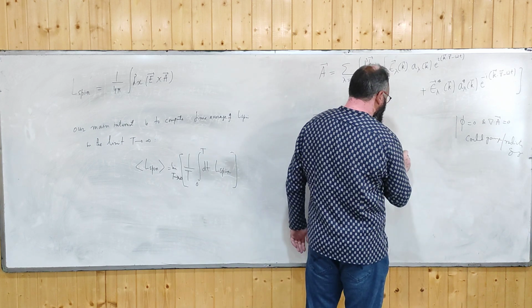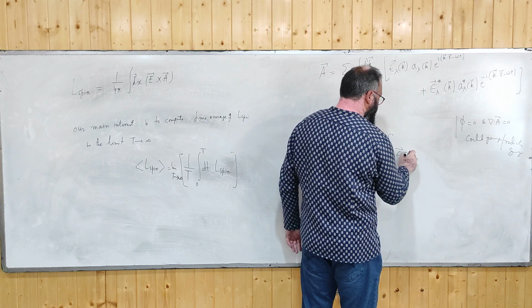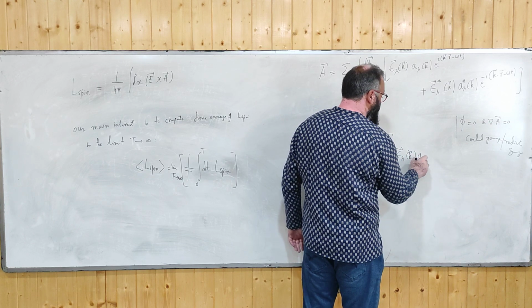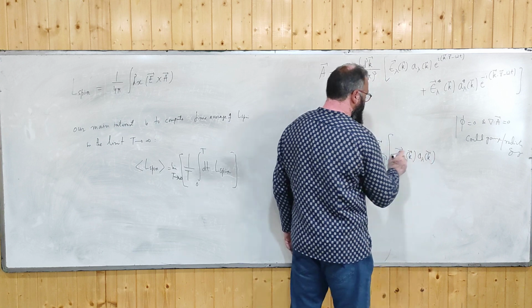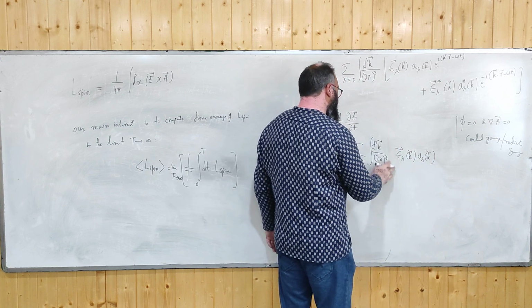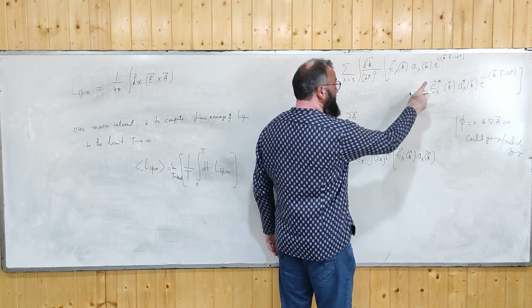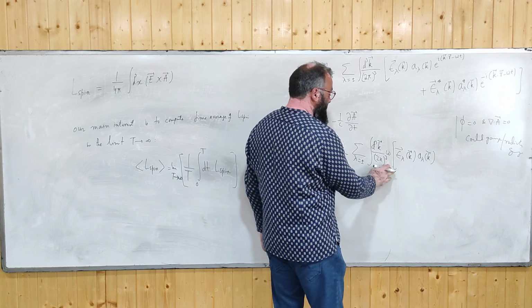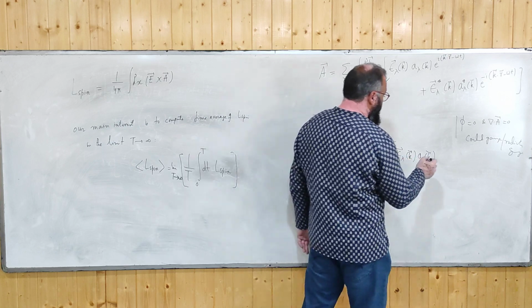Okay. So you have this epsilon lambda k, a lambda k. There will actually be an omega, so I will put omega outside, because from the differentiation omega comes down with an i, so I have put it outside.